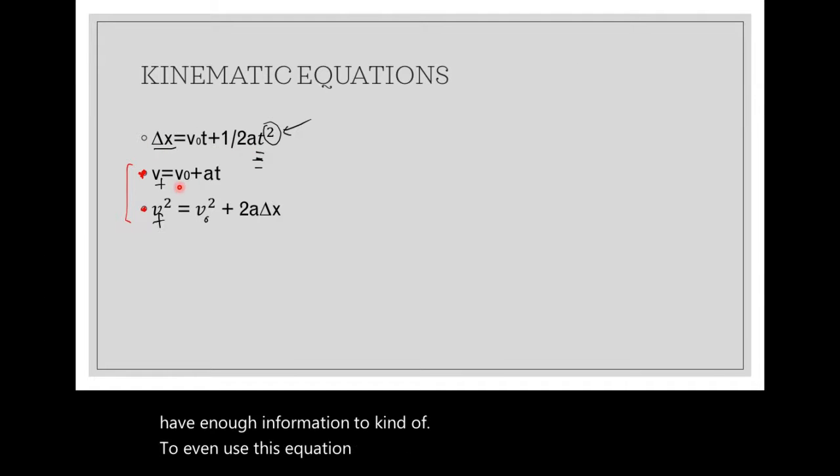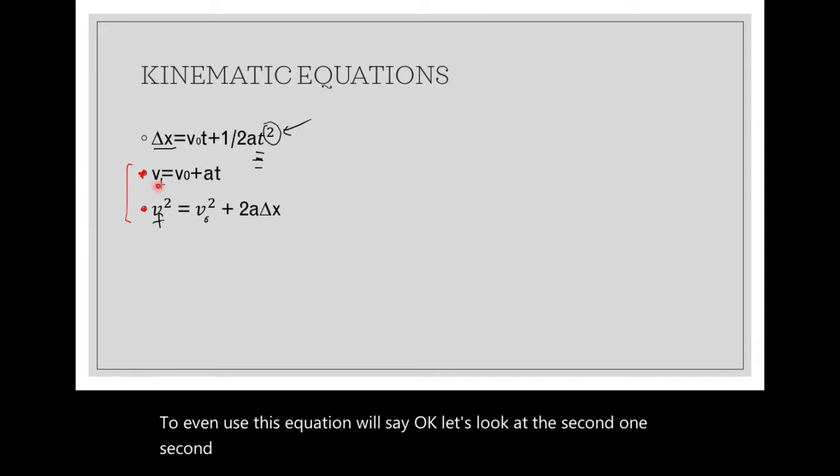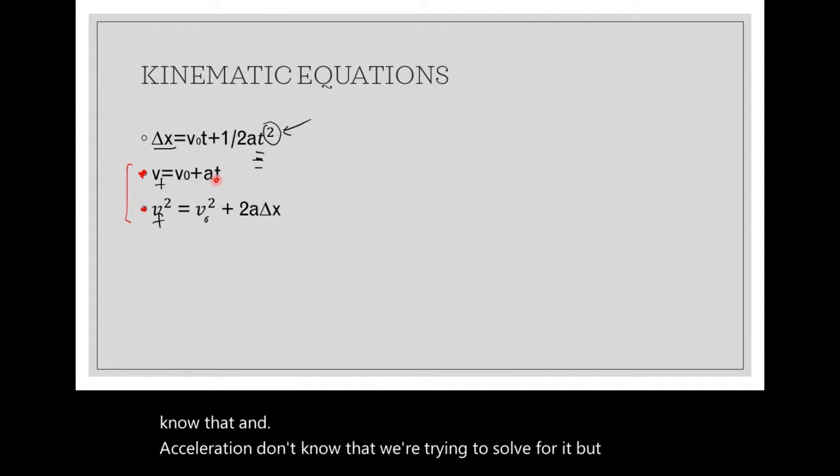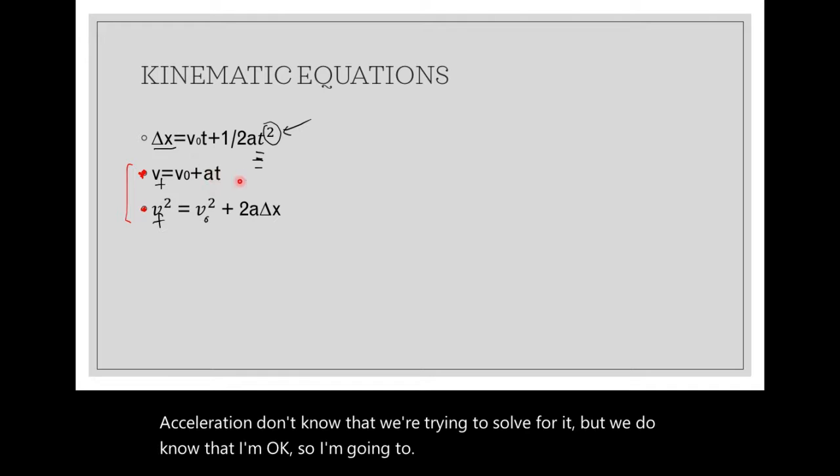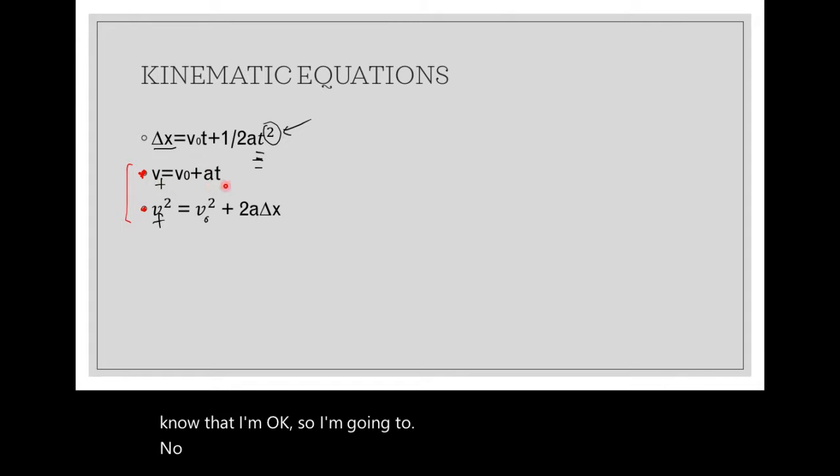Okay, well, let's look at the second one. The second one gives us the final velocity. Okay, we know that. Initial velocity, we know that. And acceleration, we don't know that, we're trying to solve for it, but we do know the time. So we know 3 out of the 4 quantities here, so we can use that one.